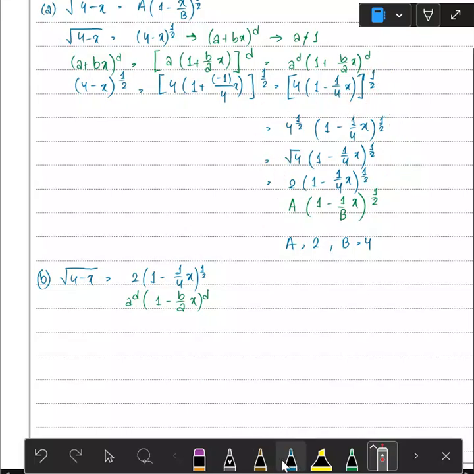So, when an expression is in the form of this a to the power d bracket 1 minus b by ax to the power d, the expansion would look somewhat like this.